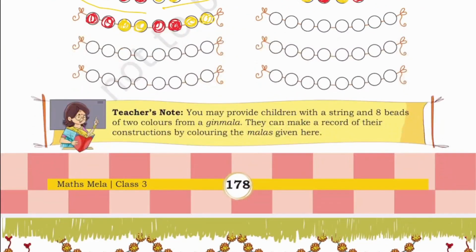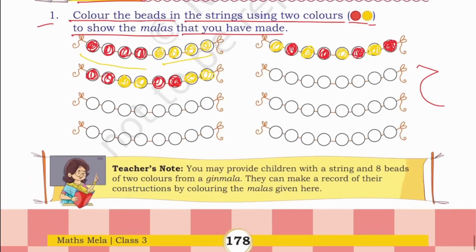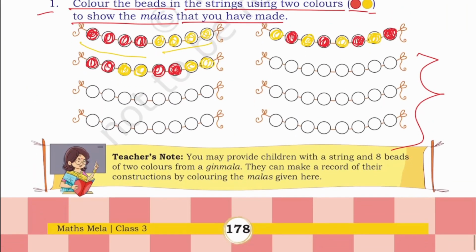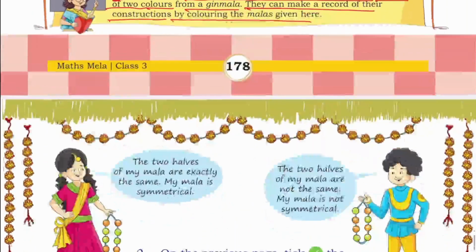Okay. Similarly, you can color the following malas. Teacher's note: you may provide children with a string and 8 beads of 2 colors to form a mala. They can make a record of their construction by coloring the malas given here.